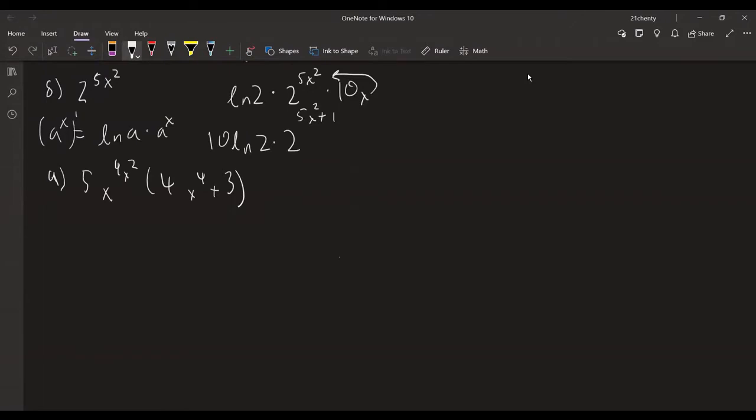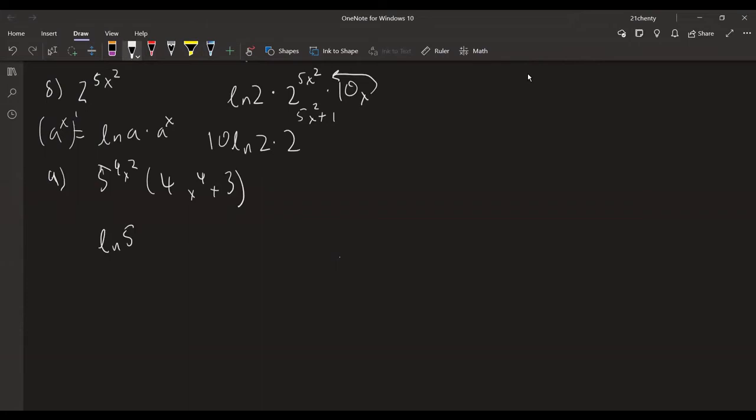Okay, we can't use the power rule because the x is in the exponent, so we'll use the formula. Oh, I wrote it wrong. Whoops. Okay. All right, that makes it a lot easier.